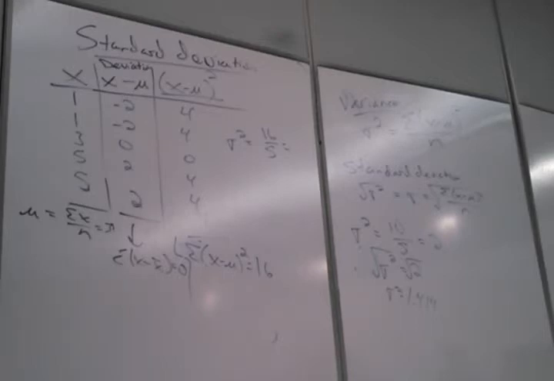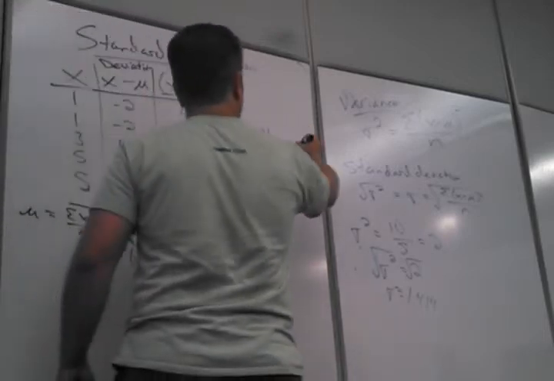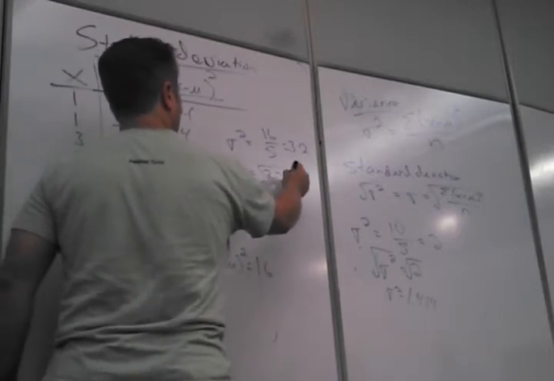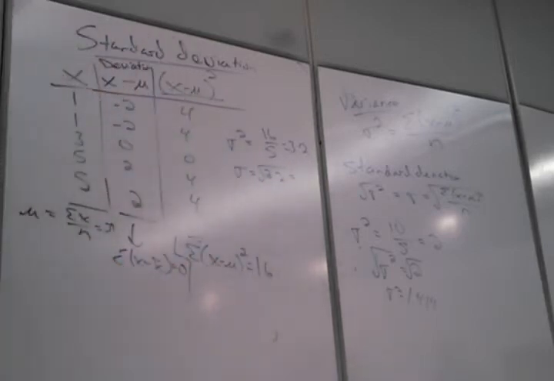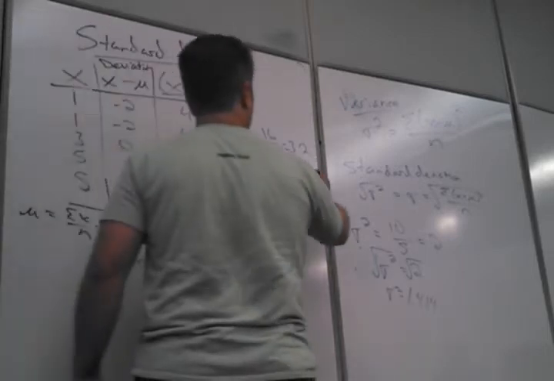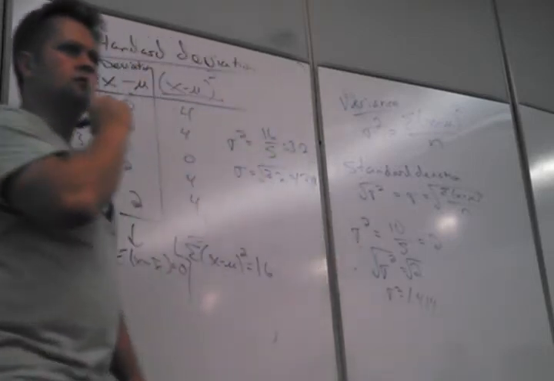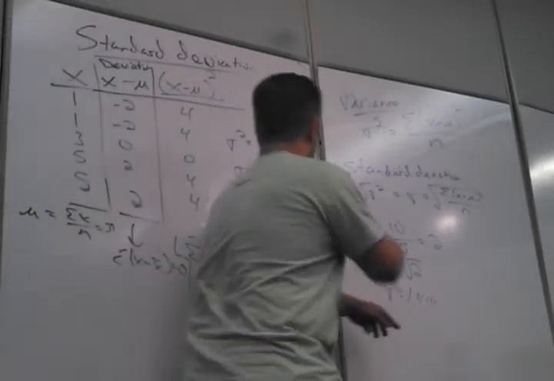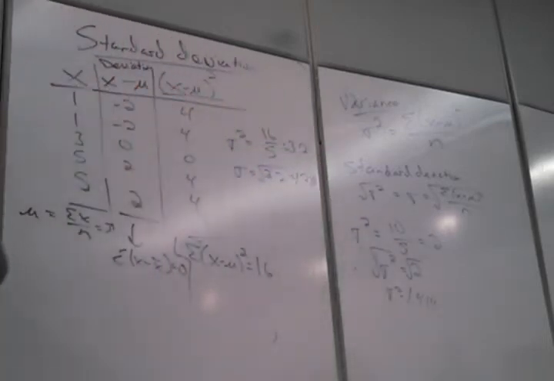What's that? 3.2. And then the standard deviation is the square root of that. Standard deviation, you always take it out at least 3 decimal places. 1.788. And is it like we predicted? That one was only 1.4. This is 1.788. That's bigger, like we predicted.